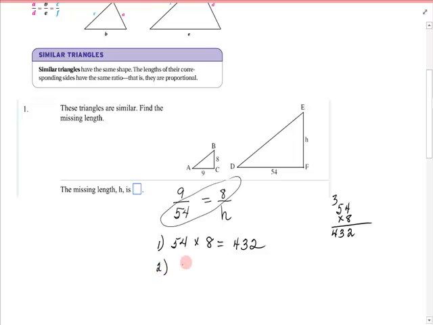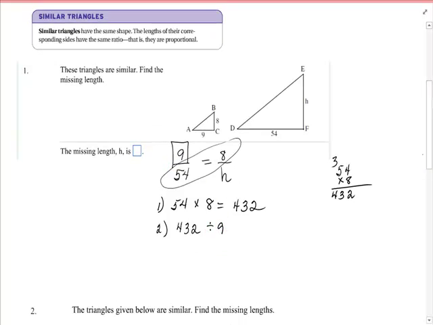Step number 2 is to take 432 and divide it by the third number. So I have 432 divided by 9. 9 doesn't go into 4, but it does go into 43, so my answer will be this size. It's going to go in there just 4 times. 4 times 9 is 36.